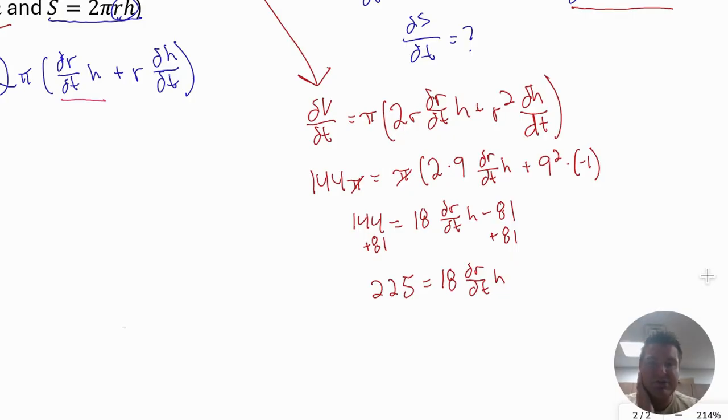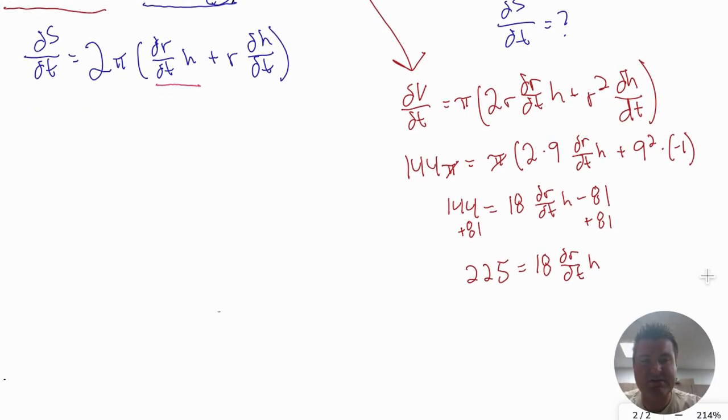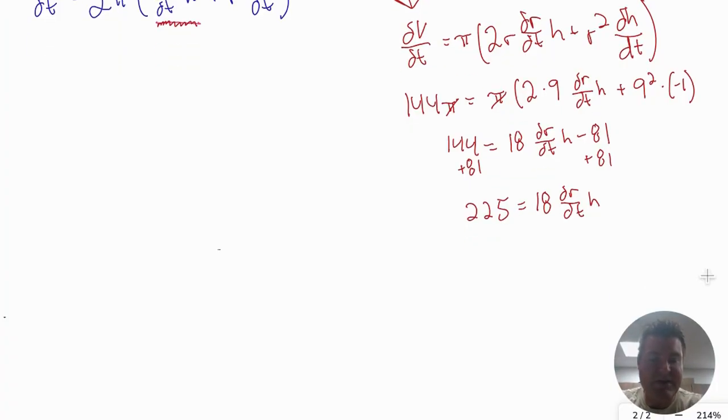And I'm hoping right now you start to recognize, wait a minute, I don't have dr/dt, I don't have h, but I can start to pull some strings together here and manipulate with what I underlined over here. I'll underline it again in red on the blue, and maybe I can substitute out both the dr/dt and the h. So divide both sides by 18. Not the cleanest number in the world, but both of those are divisible by 9, so I'm going to get 25 over 2 is equal to dr/dt times h.